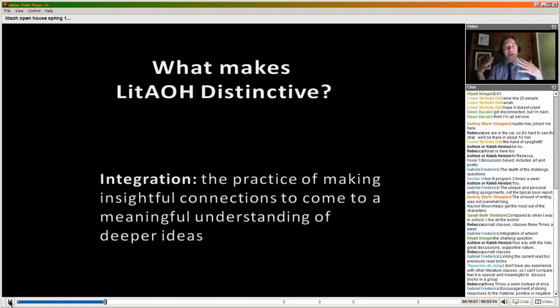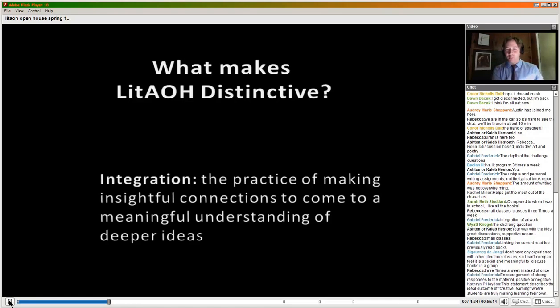It's thinking that the student does to bring a variety of things together to see how they are similar and how they are linked by a deeper meaning. And what I'm going to do in this presentation is take you through several different ways in which we integrate in class.